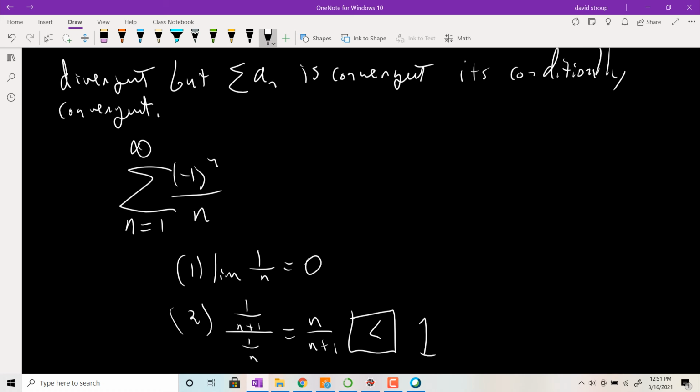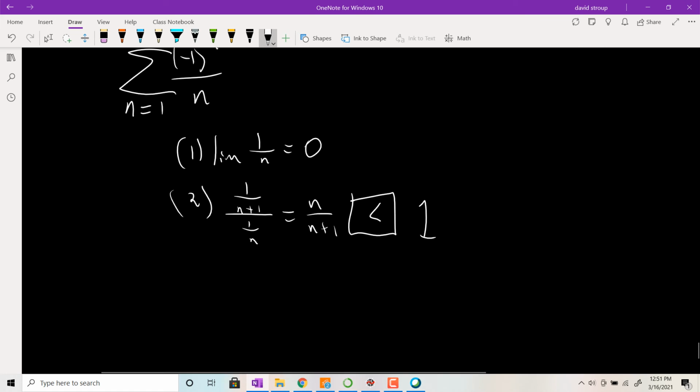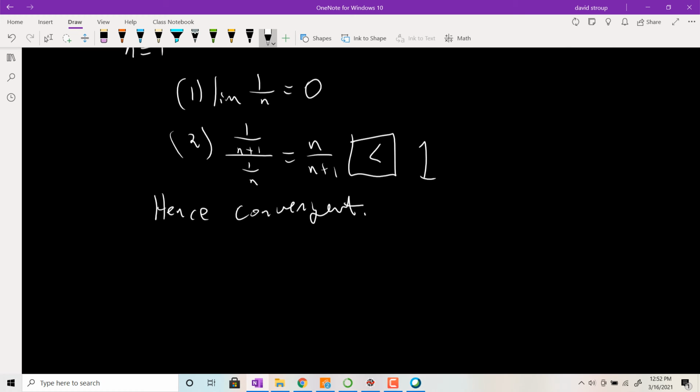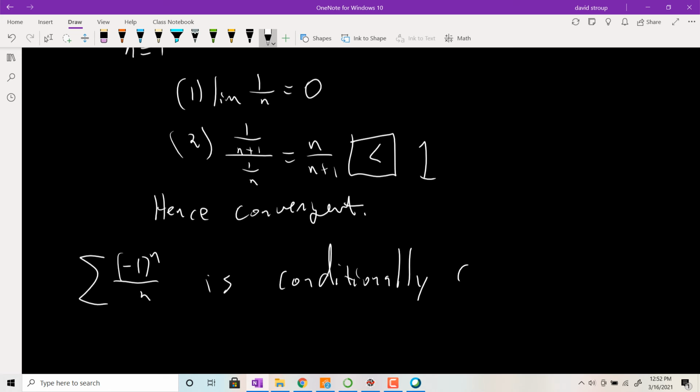The numerator is less than the denominator for all n greater than or equal to 1. Hence, this thing is convergent. So what do we have? Overall, the series (-1)^n over n is conditionally convergent.